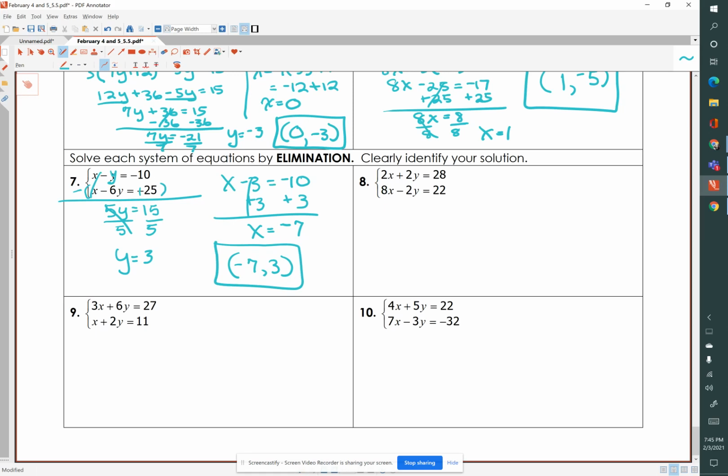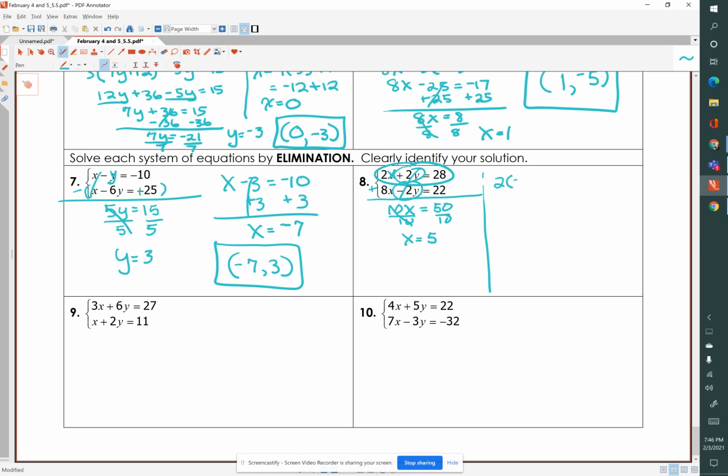Number 8. I've already got positive 2y and negative 2y, so I'm all set. I'm just going to add these together. The y's are eliminated. 8 plus 2 is 10x. 28 plus 22 is 50. Divide by 10, and x equals 5. So I'll substitute the 5 in for x in this first equation.